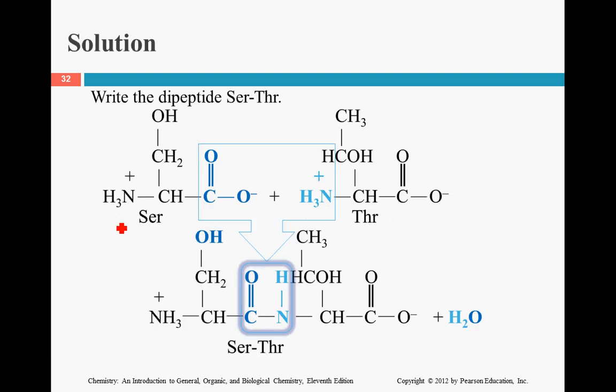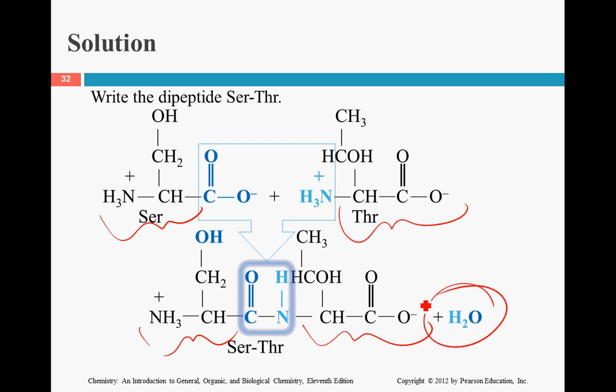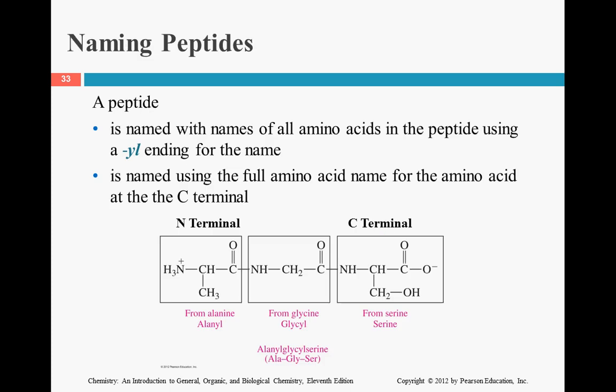So notice, here's the SER, here's the SER. It didn't do anything different. THR, look here, it's the THR. It's exactly the same. The only difference is water is taken out and there's a carbon-nitrogen bond there because it's now linked together. So a peptide bond is the linkage of these amino acids.